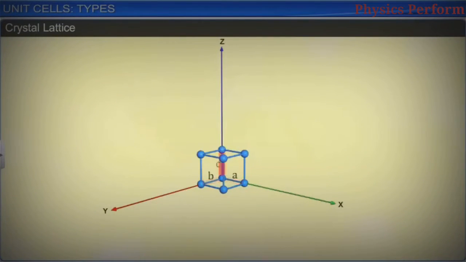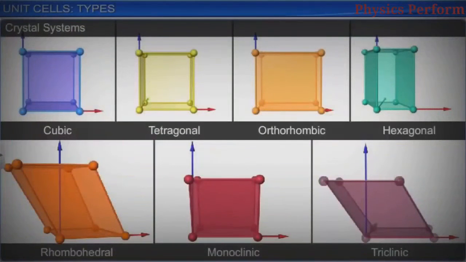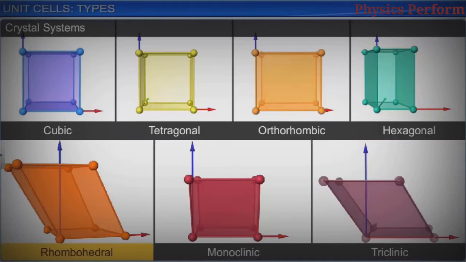Based on lattice parameters, we have 7 popular crystal systems, namely cubic, tetragonal, orthorhombic, hexagonal, rhombohedral, monoclinic, and triclinic. Let's discuss each in detail.